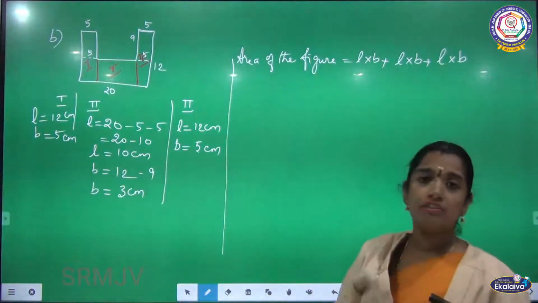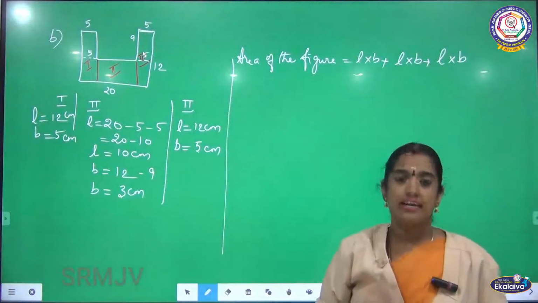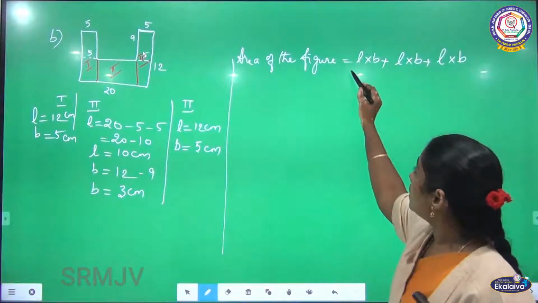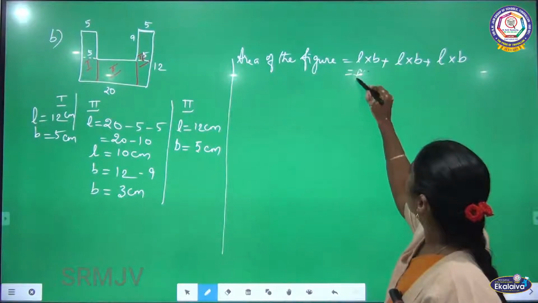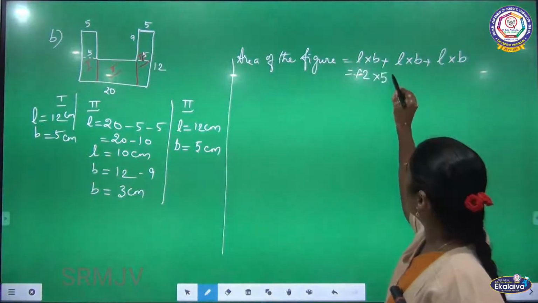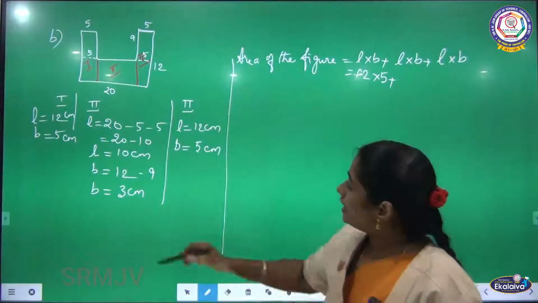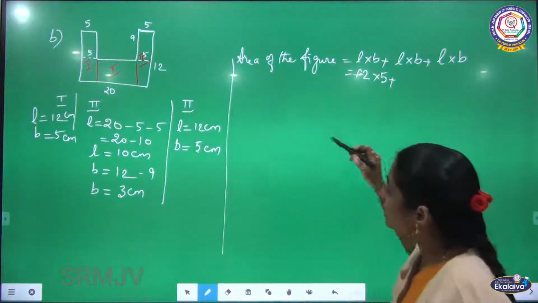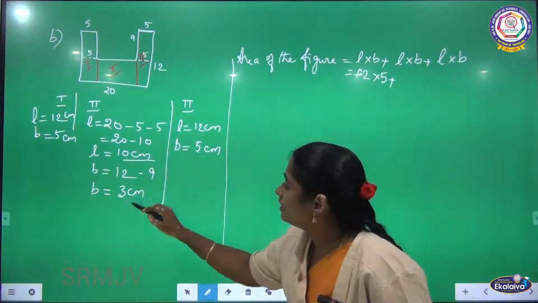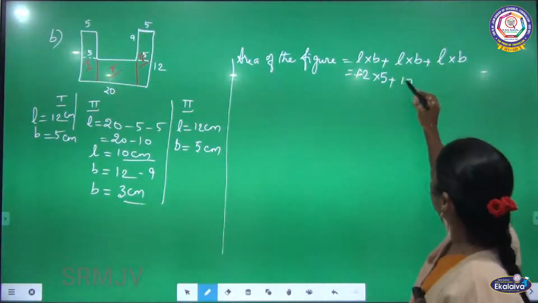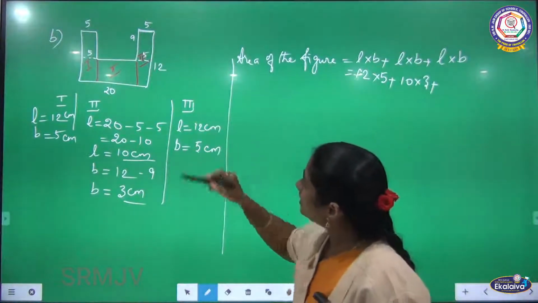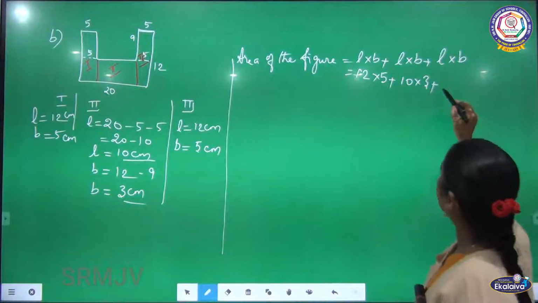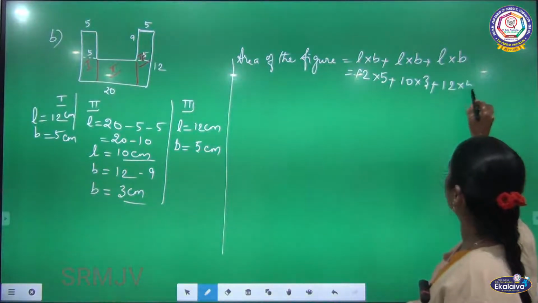Here I am going to substitute the area of a rectangle formula. So, what is the length here for the first rectangle? 12 into 5 plus what is the length for the second rectangle? See, 10, 3. So, 10 into 3 as well for the rectangle 3.